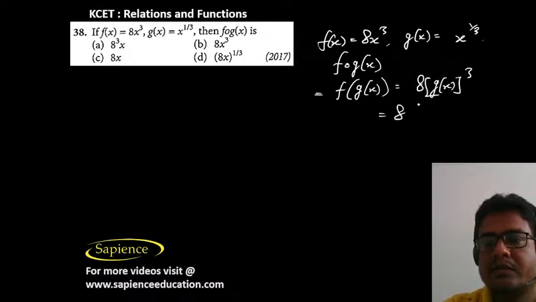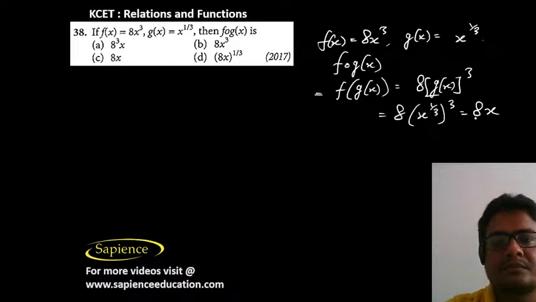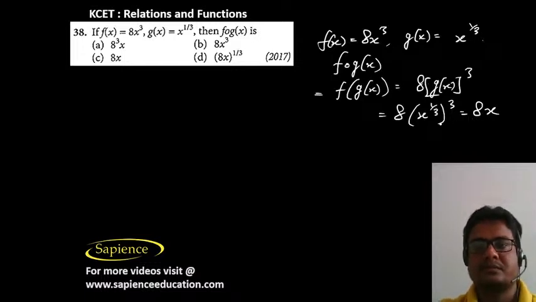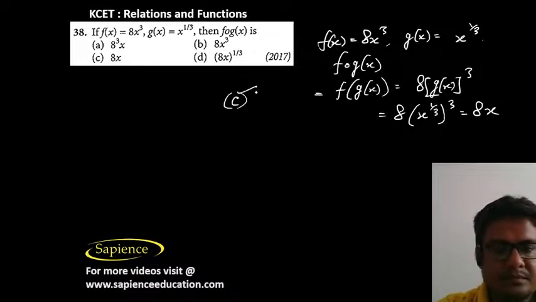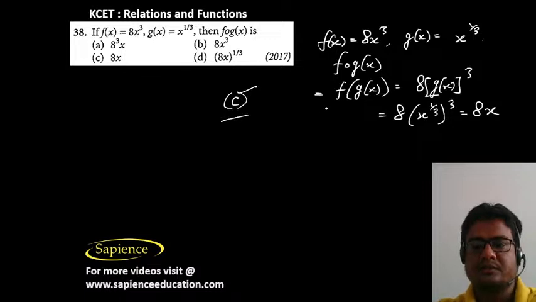That would be 8 into x power 1 by 3 whole power 3. So that is 8x. So option C is the correct answer.